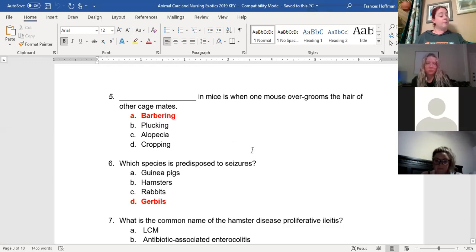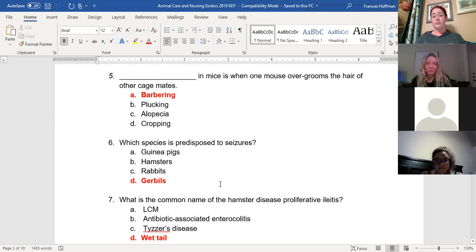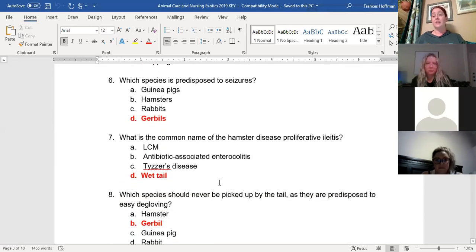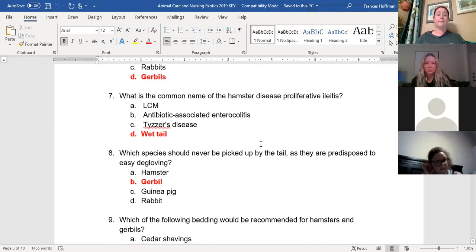Which species is predisposed to seizures? That's going to be gerbils. Gerbils will break into seizures due to stress or high temperatures, and in some cases illness, but it's not as common to have illness in these guys as our other species. So stress and temperature extremes.